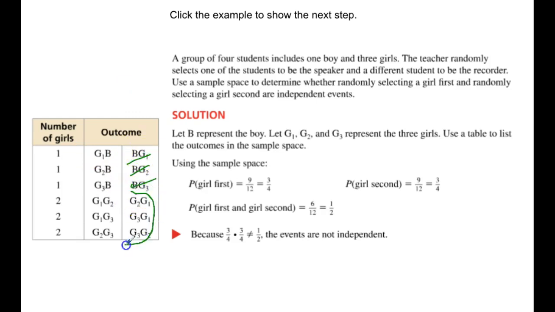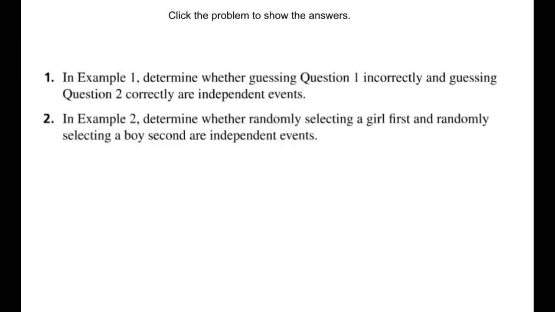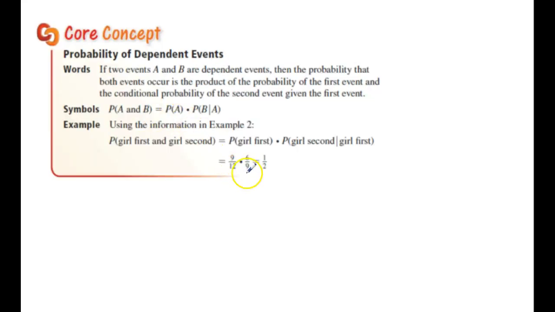So now I'm only left with 9 possibilities. How many of those am I selecting the girl second? That's where these come into play. Now I can multiply those and I end up with 1/2. For the second probability, something has changed: my denominator is different, my total sample space is different.